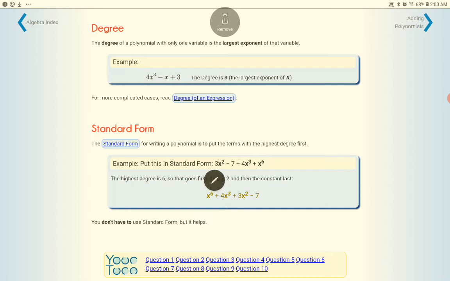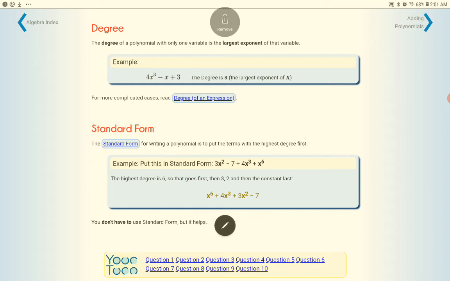Then the next degree is the x cubed, so that one comes next. And the next one is the x squared, and then the constant. So it always starts with the highest degree, and then the exponents go down in descending order, and then the constant is last. Notice there's no x to the 5th and x to the 4th term, and that's okay. You just list the terms that you have in descending order.